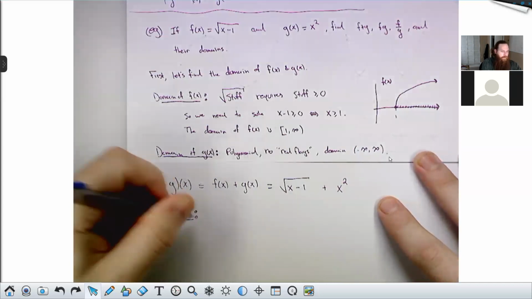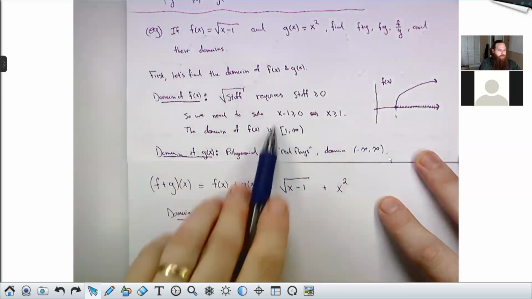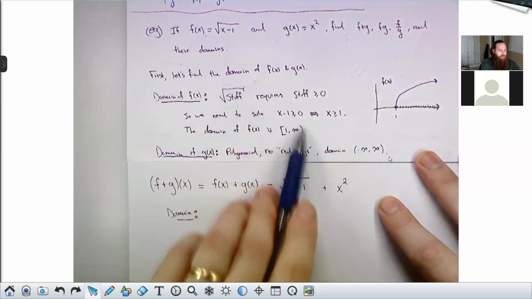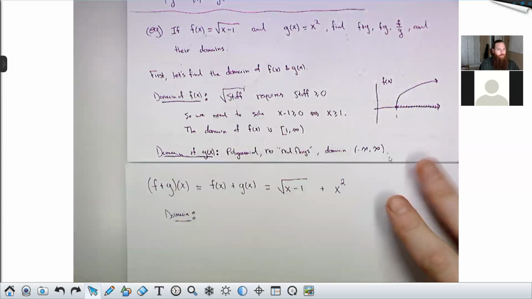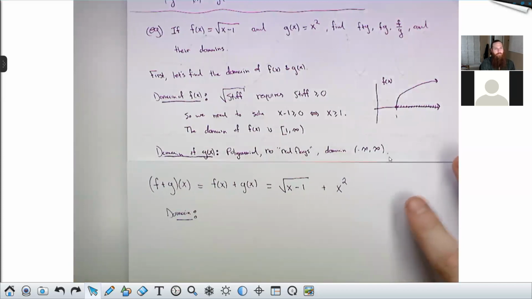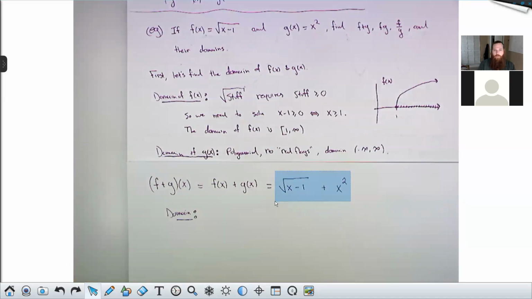Yeah. So we want to take the overlap, what's common, the intersection between this set and this set. If you drew them both on a number line, we want to know what is common to both. You could also play the red flag game with this formula. This one has no red flags. This one does. We need to make sure that this stuff is greater than or equal to 0. So either way, you're going to get this.